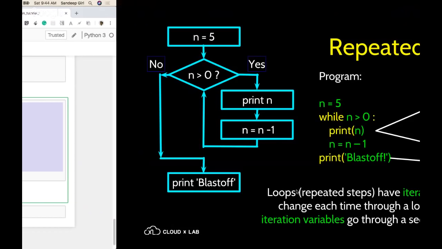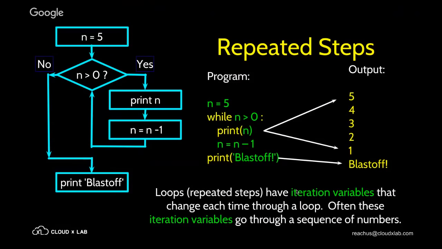You can see elif is else if. Now, if you want to just repeat certain steps multiple number of times, in that case, you can use while. Let's say you want to make a countdown timer starting from 5.